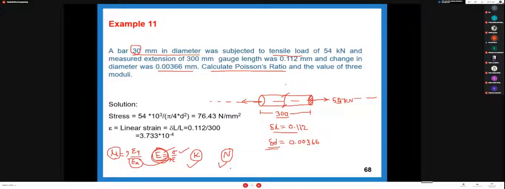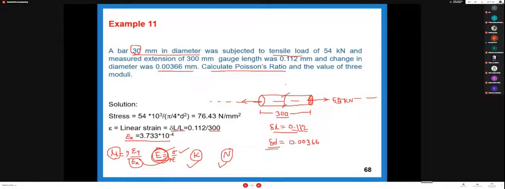Okay. So let's start our problem. First of all, we have to find out the Poisson ratio mu. So linear strain is change in length by original length. The change in length is given as 0.112 mm and the original length is 300 mm. So this is the strain in the direction of force.